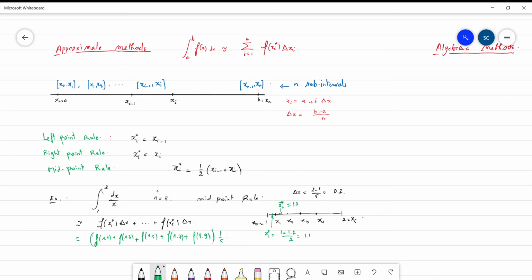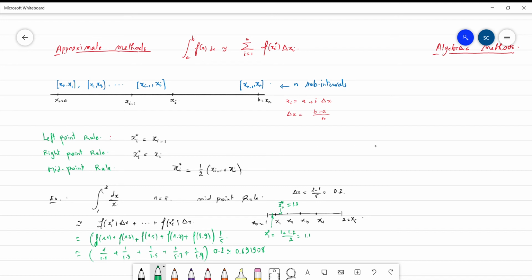If you do the calculations, f is 1 over x, so it's 1 over 1.1 plus 1 over 1.3, 1 over 1.5 plus 1 over 1.7 plus 1 over 1.9, times 0.2. So we found 0.691908. This is how it is useful to have an estimate of the area.